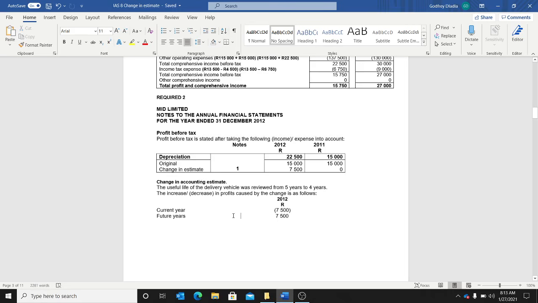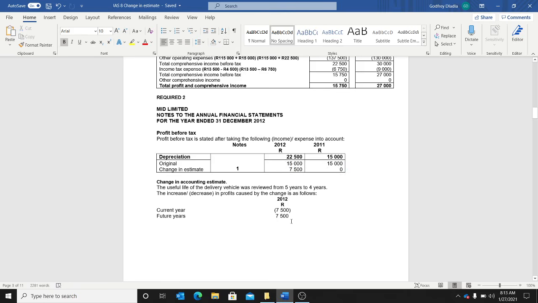When you're doing the disclosure, the first thing we know is that the new depreciation is now 22.5. The old one has always been 15,000 in total. So you'll see that the depreciation column at the top, the one I've highlighted now, I'm showing you the exact amount.